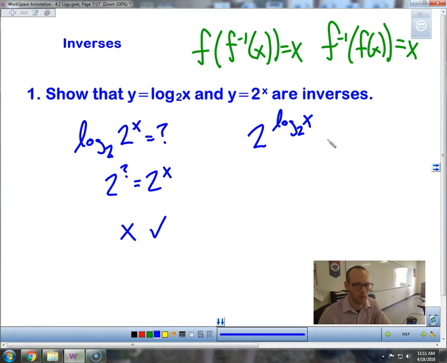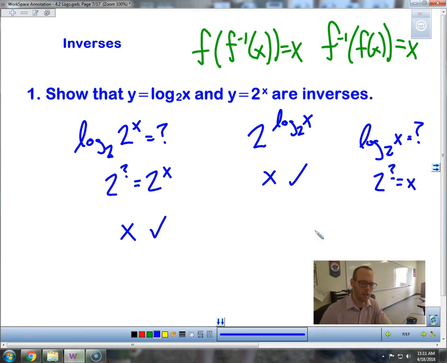Well, if I think about log base 2 of x, if I want to evaluate that, that means 2 to the what equals x. Well, we have 2 to that what, that equals x, doesn't it?